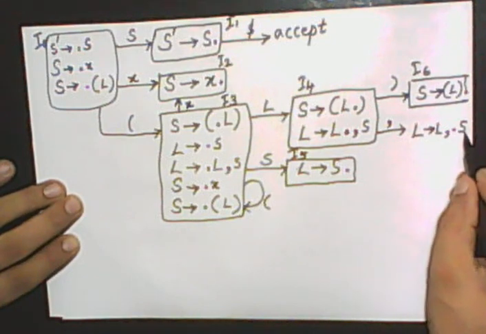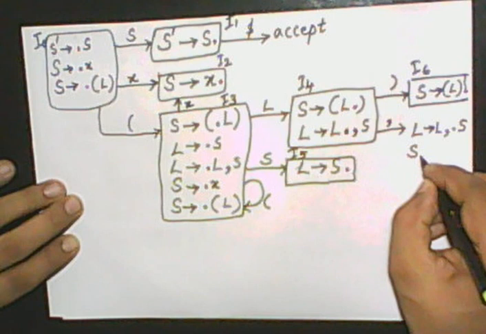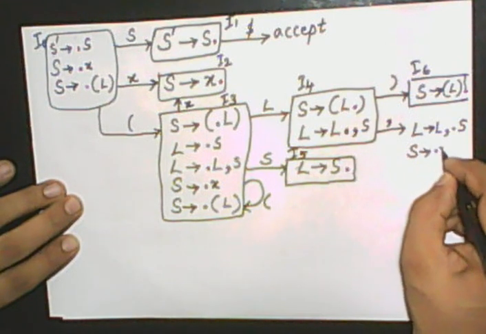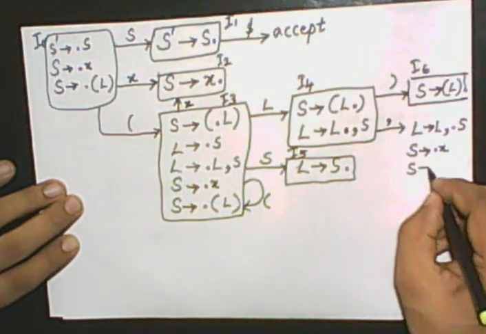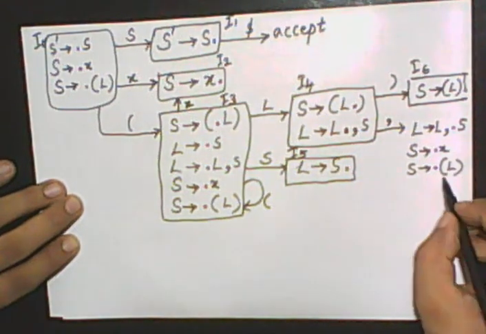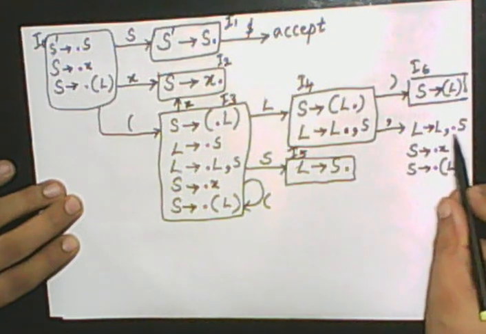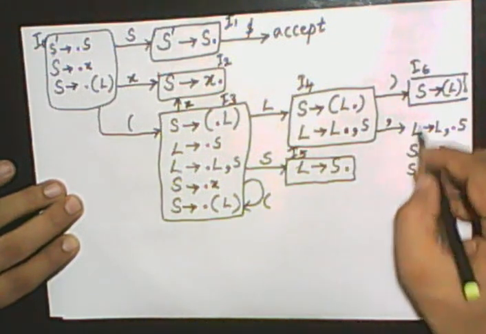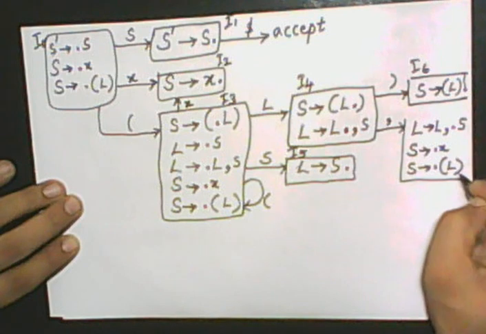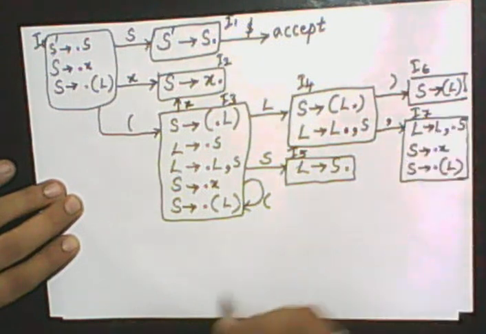So S on the left side, you have 2 productions, that is S gives dot X, S gives dot left parenthesis L closing parenthesis. So these are the things. Now we cannot have more items here, so we can make it a state, which is I7 now.